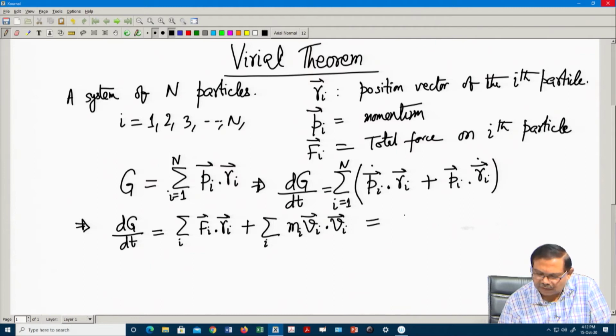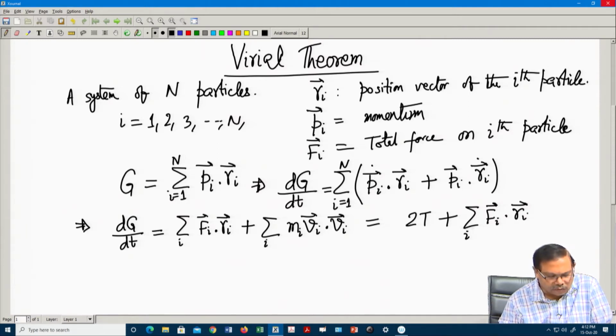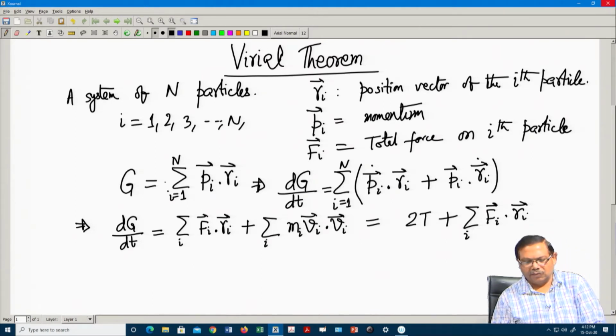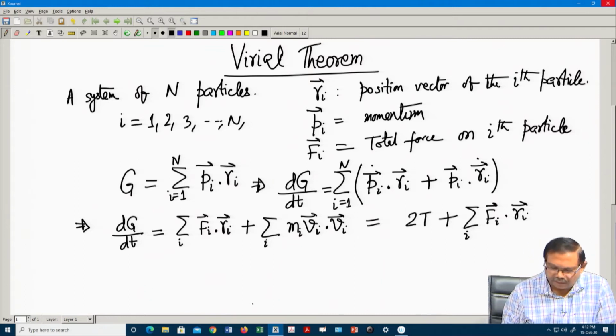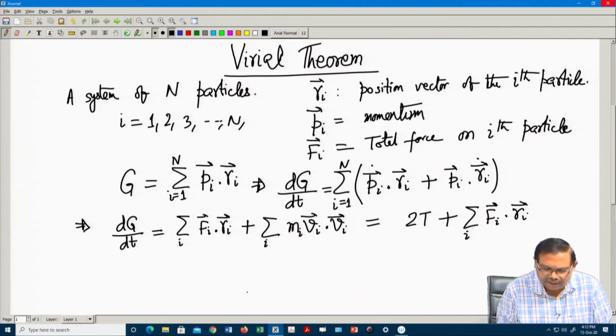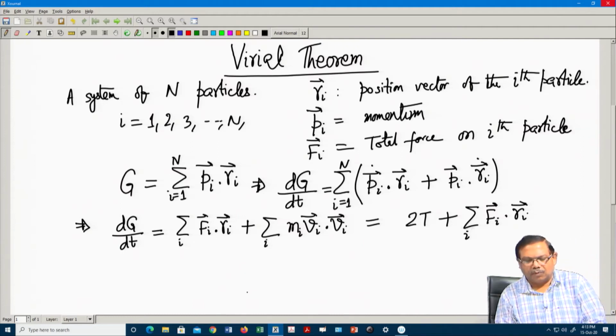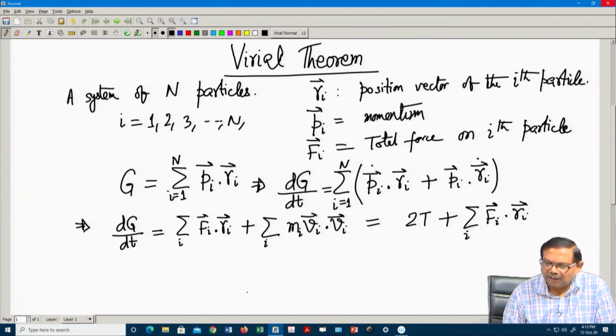So, this is nothing but 2 times kinetic energy plus sum over i of F_i dot R_i. So, this is the rate of change of the quantity G, which we called the virial. That is nothing but the sum over all the particles of the scalar product of momentum and position vector.